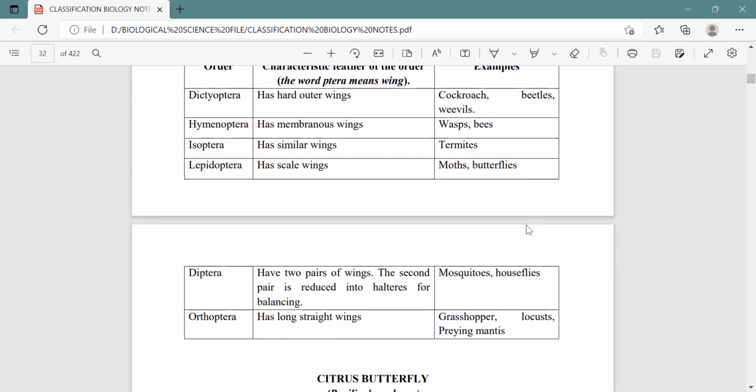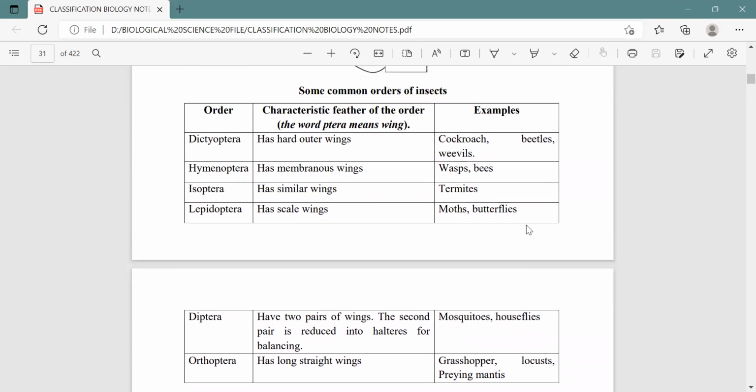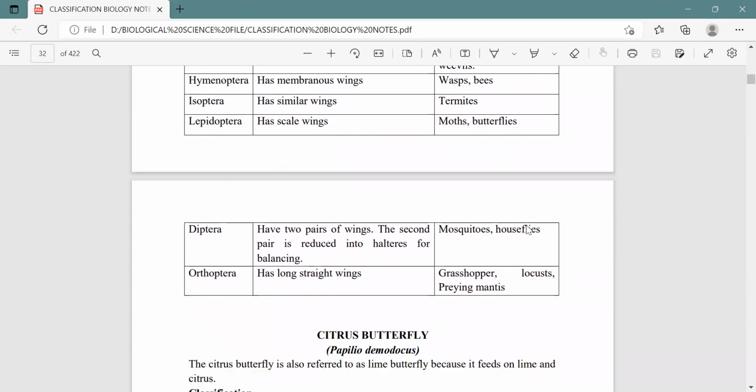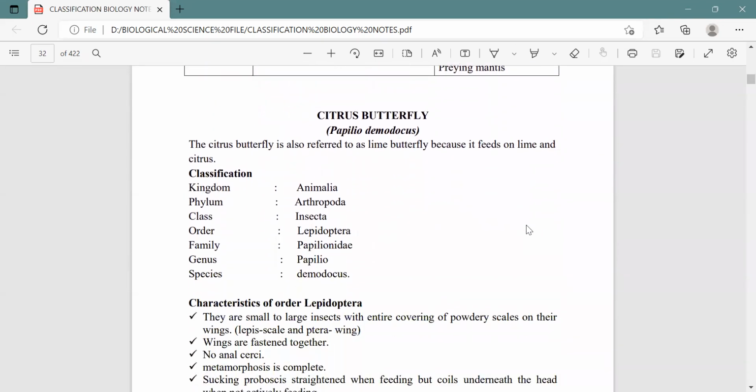Of course, there are other orders like Coleoptera and Hemiptera, which are not here. But for those we have chosen, please concentrate on them. And here you are being shown that you can be asked to write a full classification.